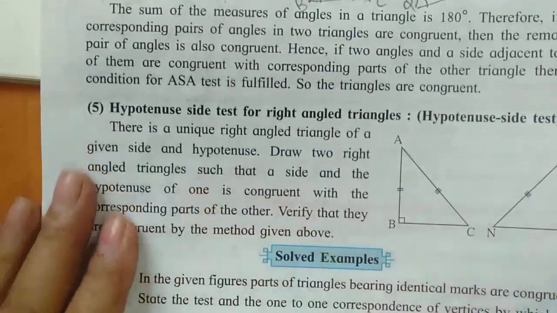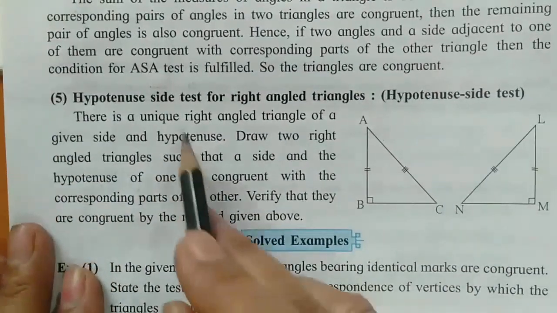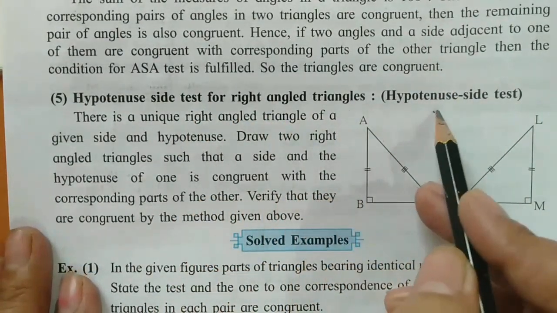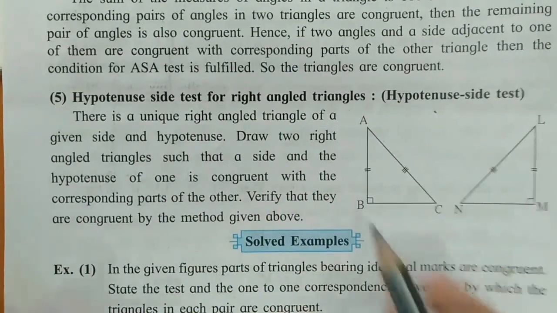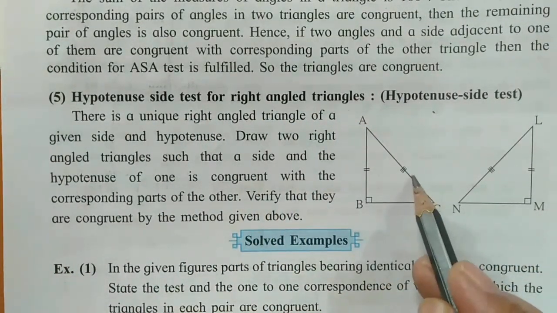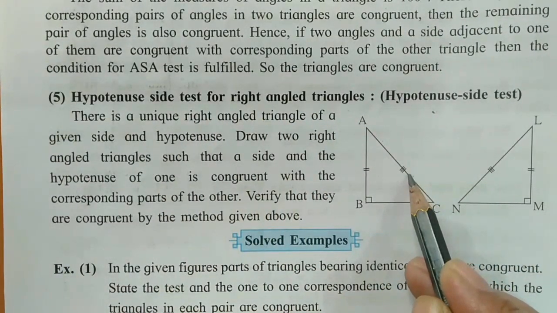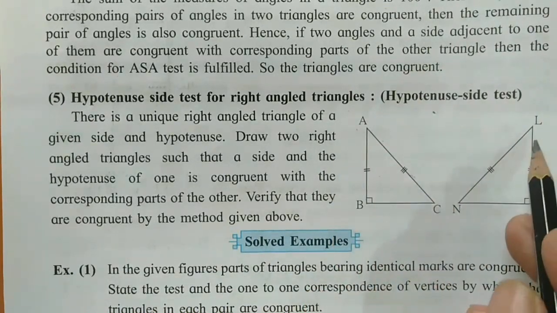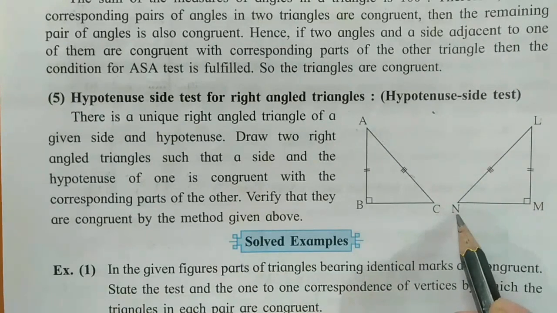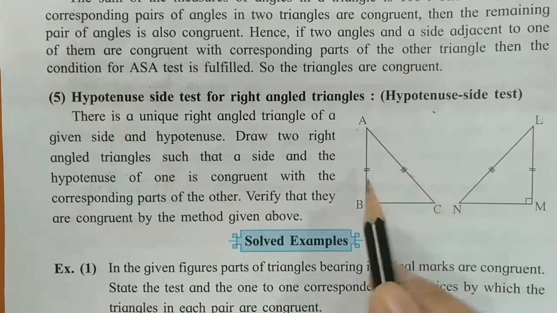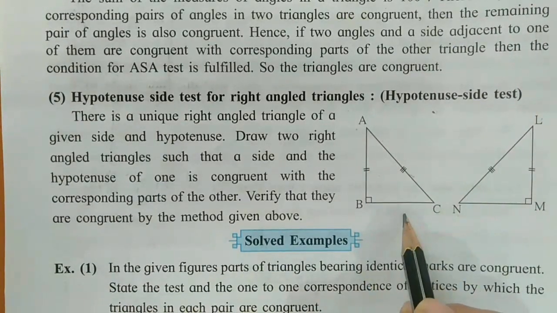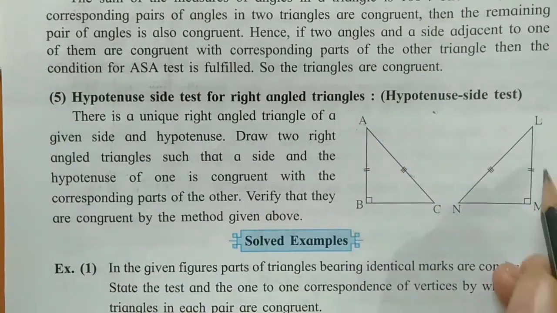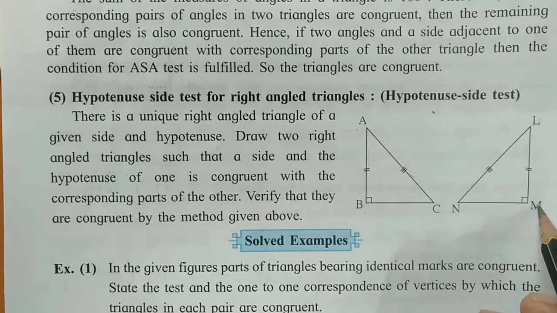Okay. Now see the next test, the hypotenuse side test for right angle triangles. We know that the hypotenuse is related to the right angle. The opposite side of the right angle is called the hypotenuse. So here hypotenuse AC is congruent with hypotenuse LN. Correct? And any one of the sides. Here side AB is congruent with side LM.